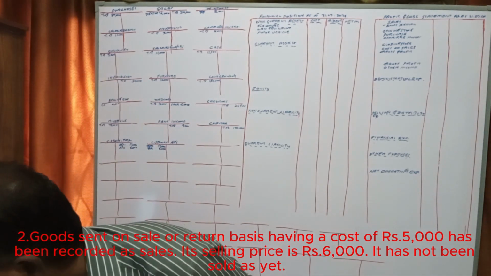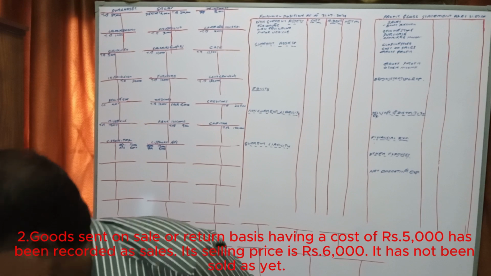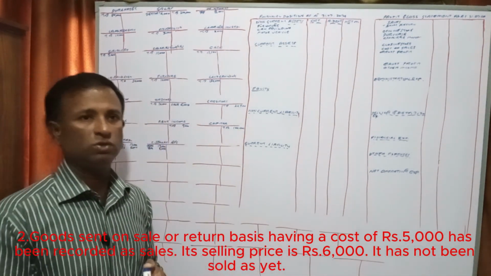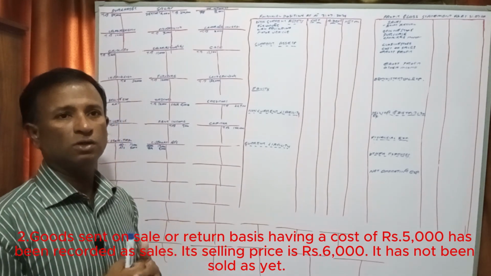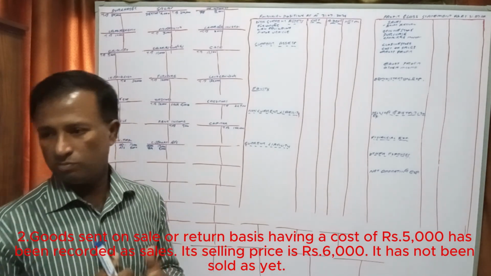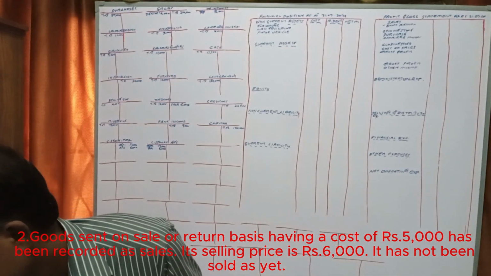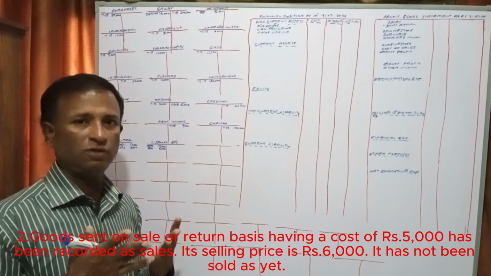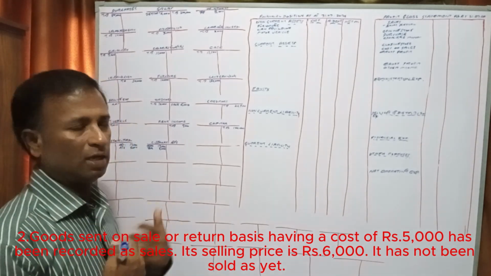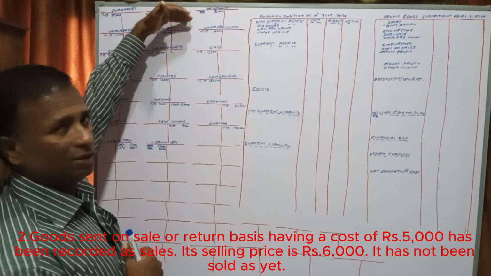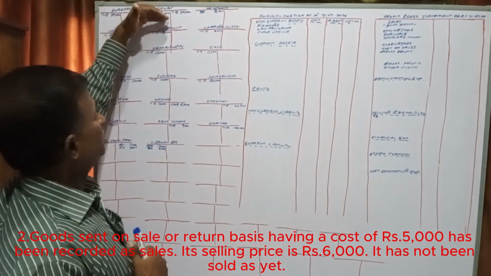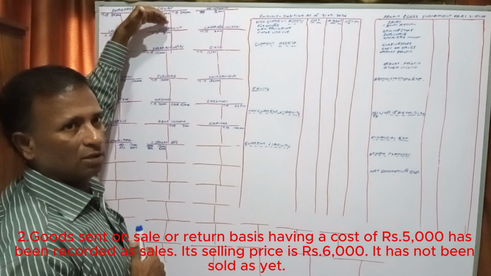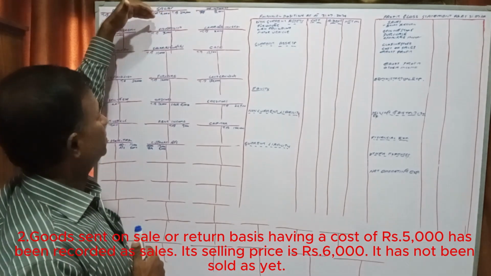So that is there, and you understood the sales. We have sent the goods on sale or return basis. That means if you sell it, fine; otherwise if you couldn't sell, you can return it. So the sales include 6,000 worth of sales which has been sent on sale or return basis.